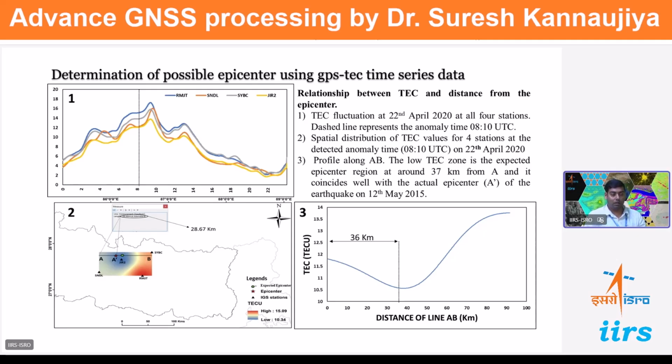A big area and big society could face more devastation. So if we can get this epicenter information to some extent, then we can have very good preparedness for the upcoming earthquake.